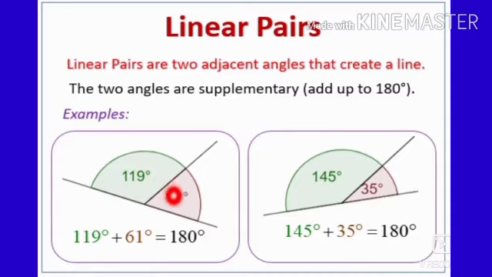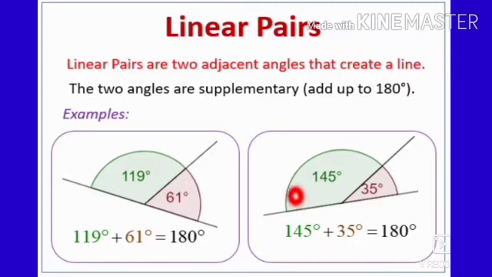So for example, here angles 1 and 2, here ABC and CBD are two angles, and the sum of these two angles is 180 degree. Here 61 degree plus 119 degree is equal to 180 degrees. So these two adjacent angles are supplementary. So then we can say that these two angles are a linear pair of angles.